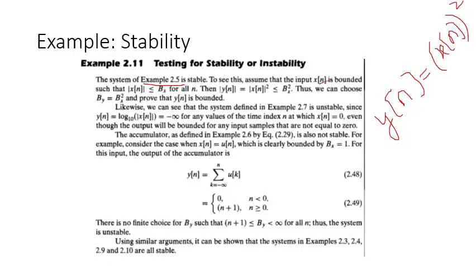If x of n is bounded, it means that the magnitude of x of n is less than b of x for all n. Obviously, if the magnitude of input is not going beyond 5, output cannot go beyond 25. So the magnitude of y of n will always be equal to x of n squared, less than b of x squared. You got my point?